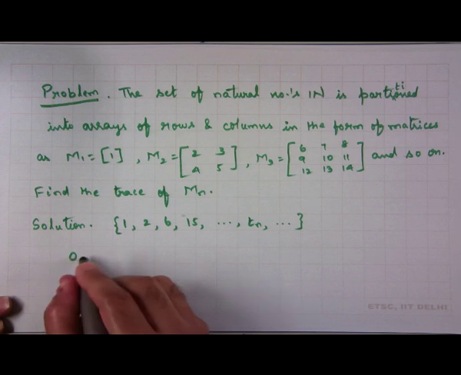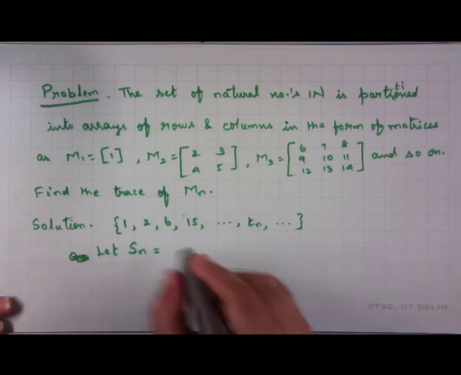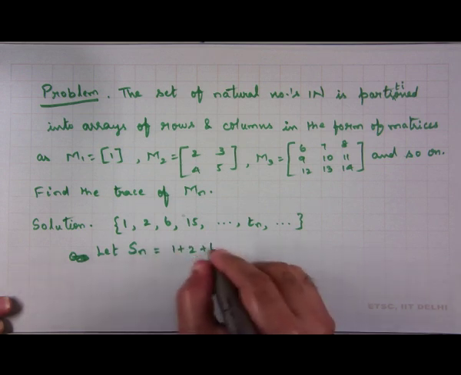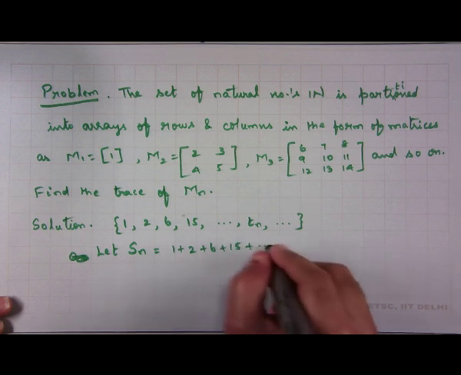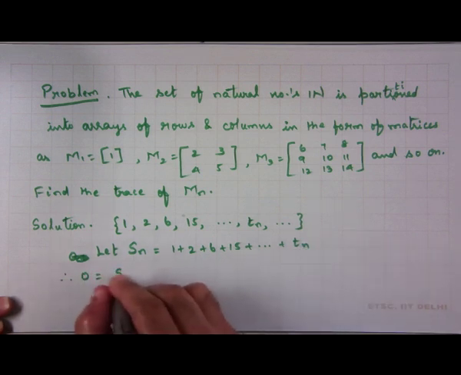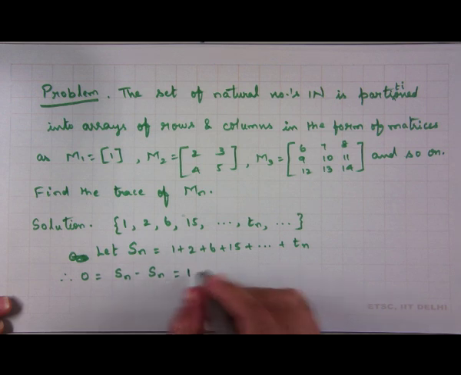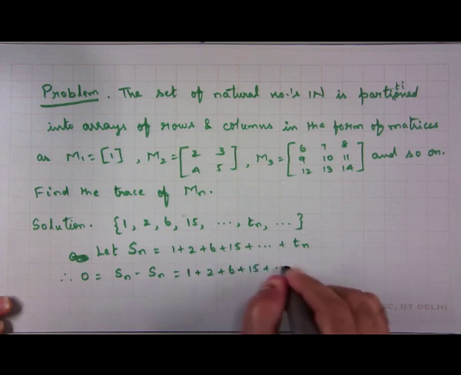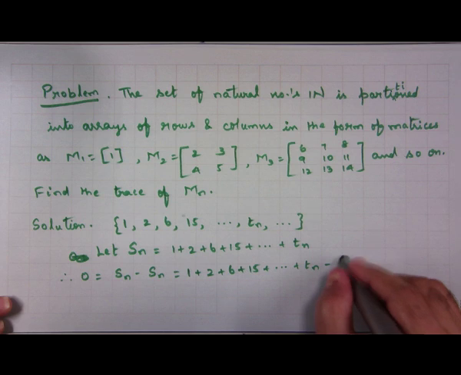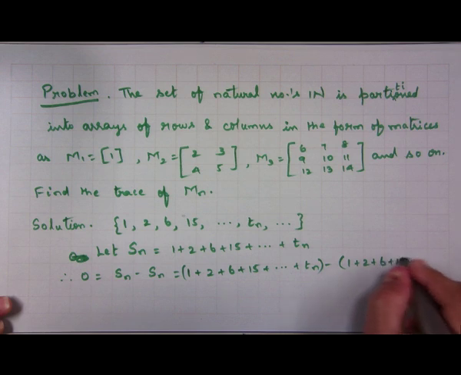Let Sn equal 1 plus 2 plus 6 plus 15 up to Tn. Therefore, 0 equals Sn minus Sn. Let me write Sn as follows: 1 plus 2 plus 6 plus 15 up to Tn, and the same thing again, shifted.